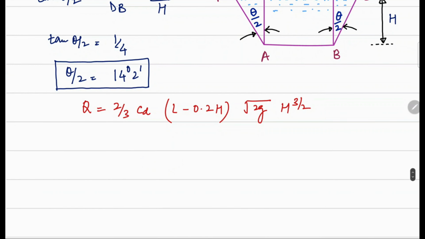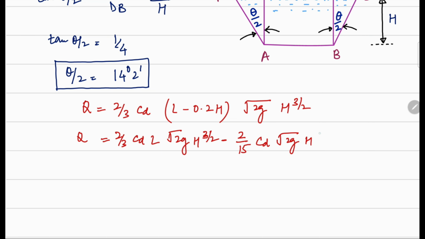We can again write it as Q is equal to 2 by 3 CD L under root 2g H raised to the power 3 by 2 minus 2 by 15 CD under root 2g H raised to the power 5 by 2.